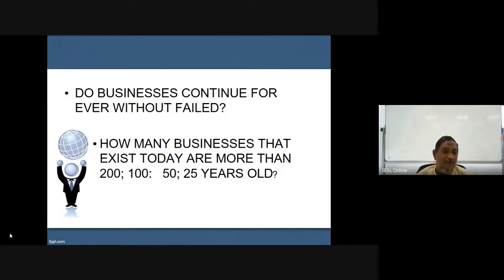So what is the longest continued business in the world? It's a Guinness record. Continuously doing business for the longest period. Which is the business? It is Bamboo Restaurant in Japan.